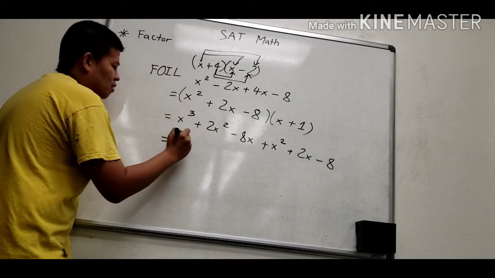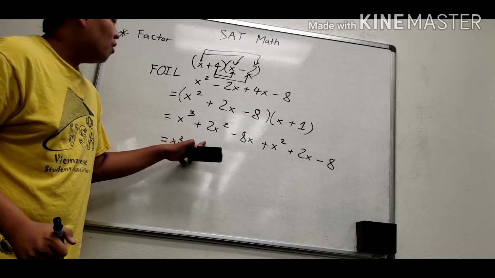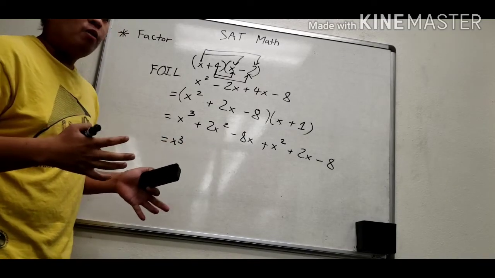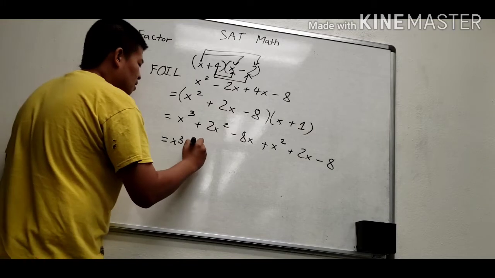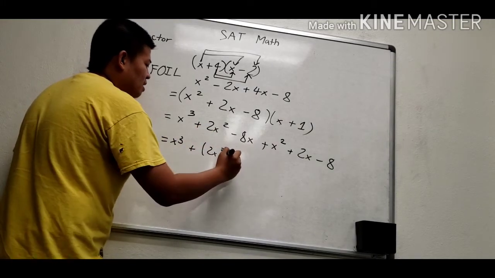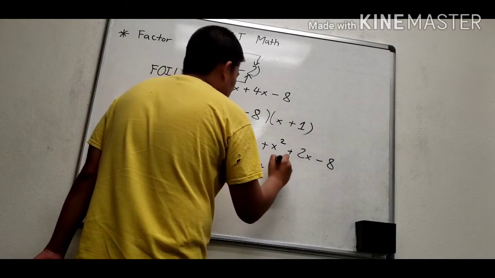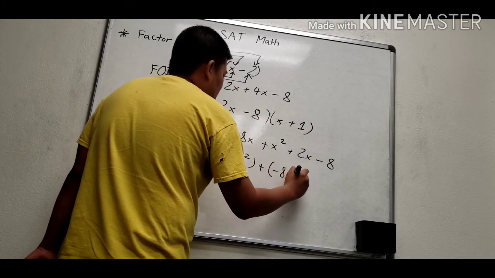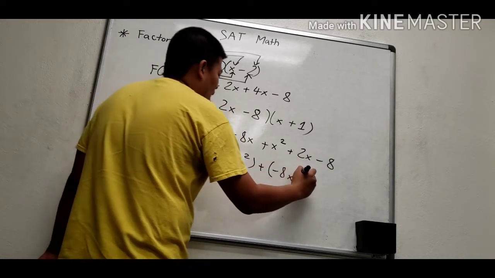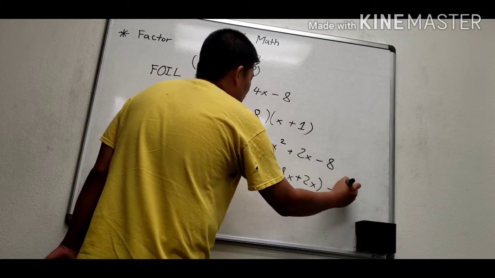Now we put the same kind of variables together. We have 2s power 2, and we have s power 2 in here, plus minus 8s, and we have the 2s in here, and we have got minus 8.